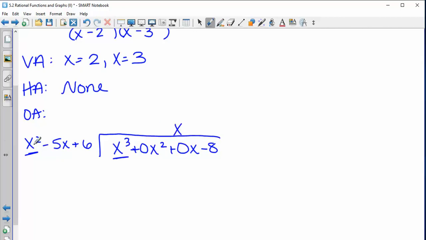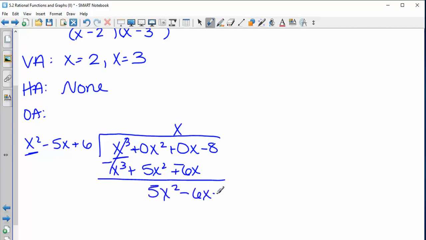Then you multiply: x times x squared is x cubed. x times -5x is -5x squared. x times 6 is 6x. Change our signs. Those drop. So then we have a 5x squared minus 6x minus 8. What's 5x squared divided by x squared? So my oblique is y equals x plus 5.